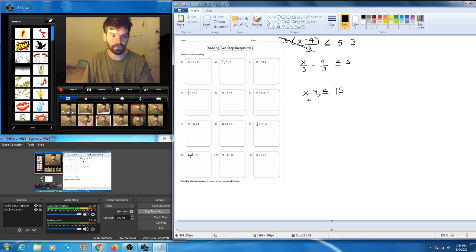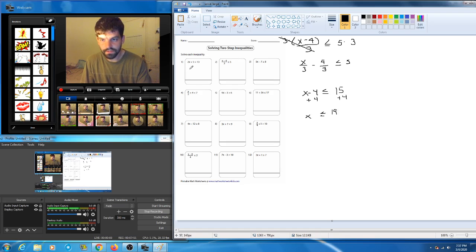So we're going to add 4 to both sides, and our solution is going to be that x is less than or equal to 19. So let me actually go ahead and put in these solutions here for us. So this is x is greater than 4. This is x is less than or equal to 19.